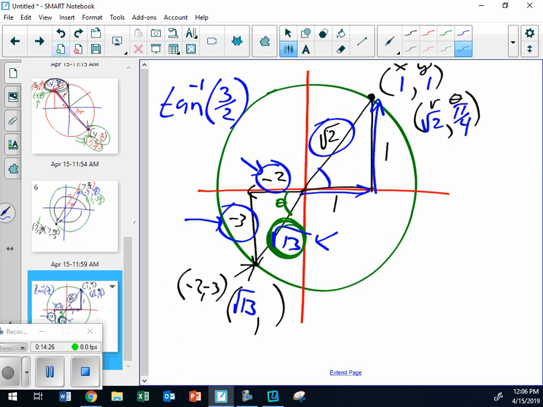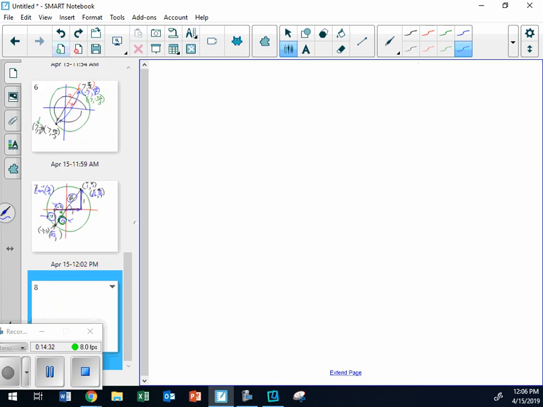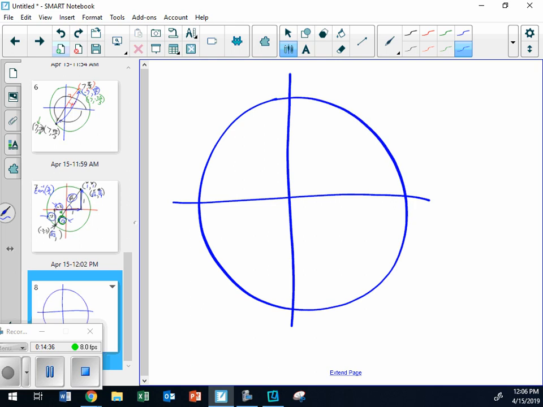Okay, I'm going to do one more, except this time I'll make the angle a nice one that you already know. Okay? So this kind of sums it all up. If you get this right, you get everything I've been trying to teach you so far about polar.